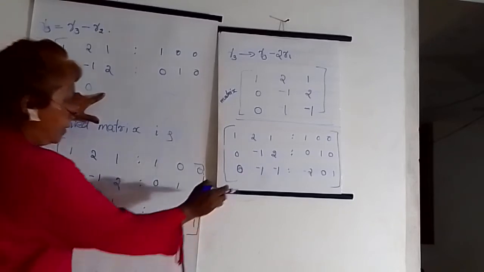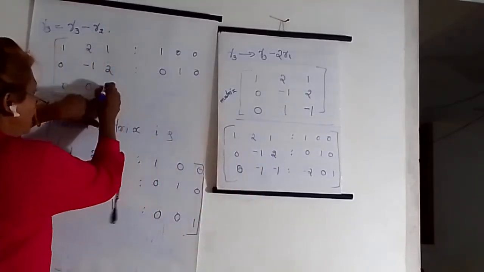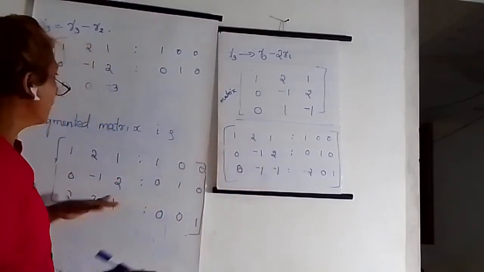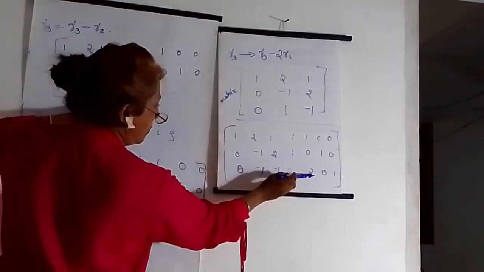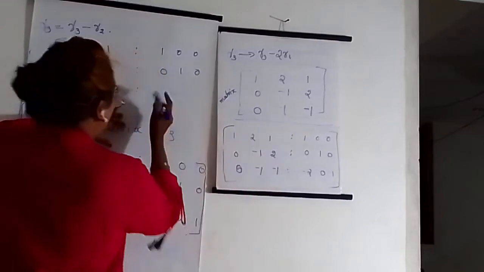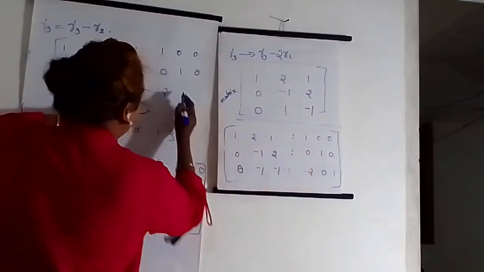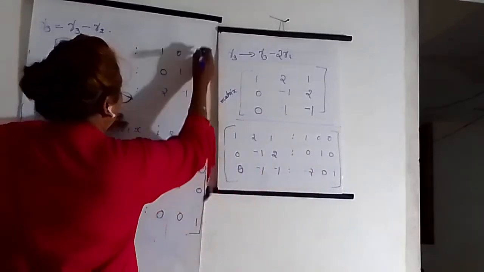And the next one, negative 1 minus 2, that is negative 3. Now we can come to the other side, the third row, R3: negative 2 minus 0, so we can write a negative 2 here, 0 minus 1, negative 1, and then 1 minus 0, 1.